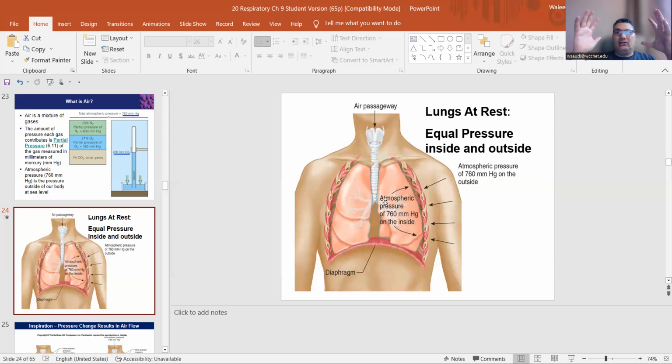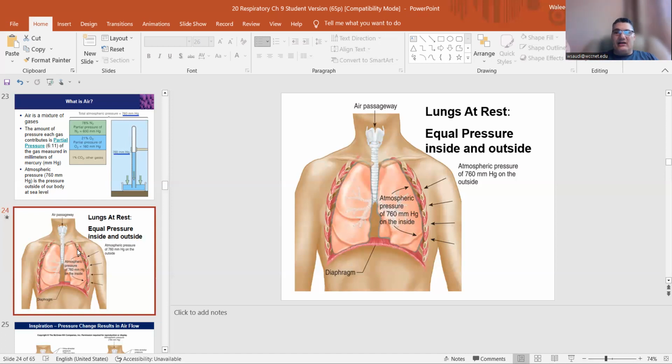So inhale, pressure drops, air moves in when it is under the atmospheric. Exhale, relax both diaphragm and intercostal muscles. The chest cavity becomes smaller, pressure increases. When it is higher than the atmospheric, air moves out.